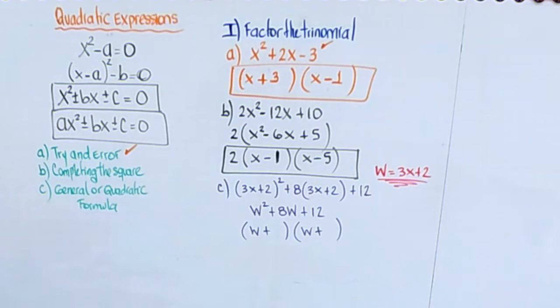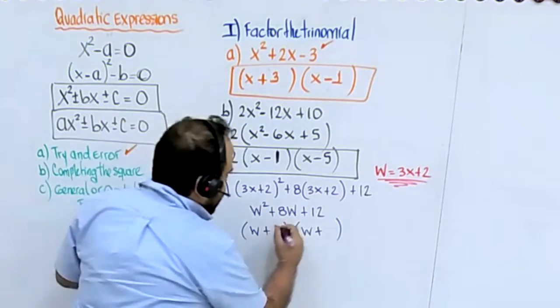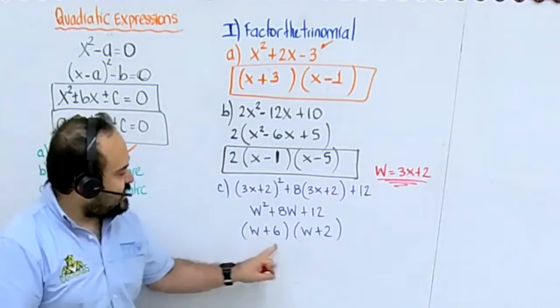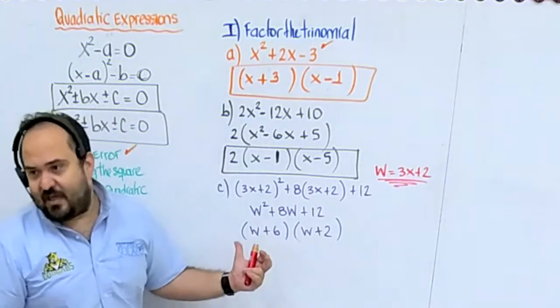I'm saying addition because we have equal signs. 6 and 2, right? Because 6 times 2 is 12 and 6 plus 2 is 8.